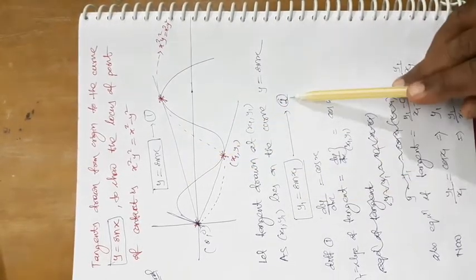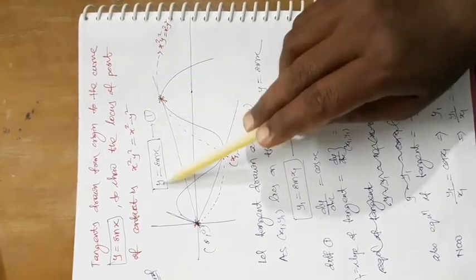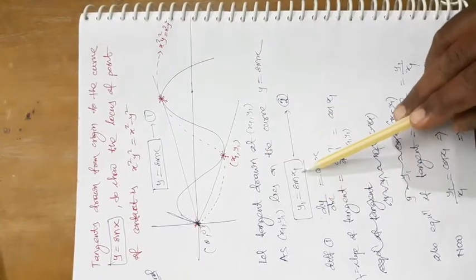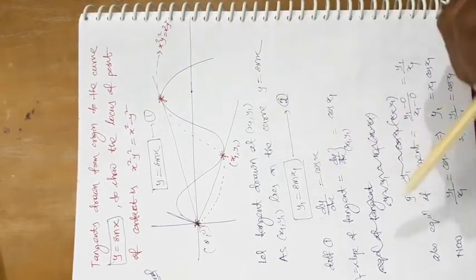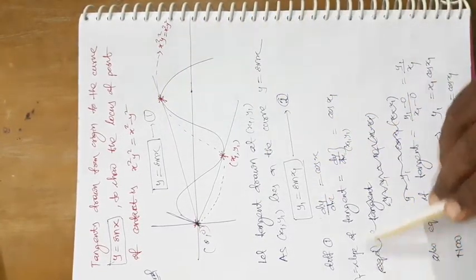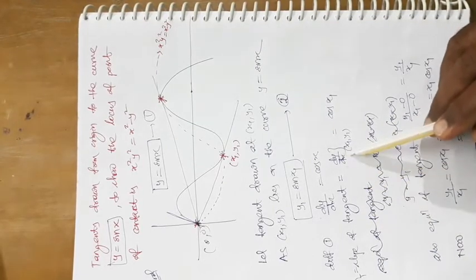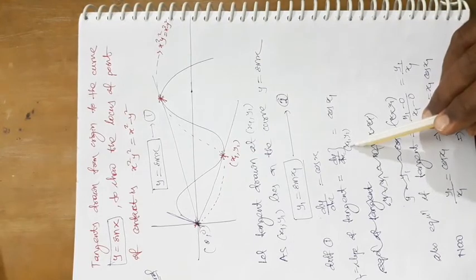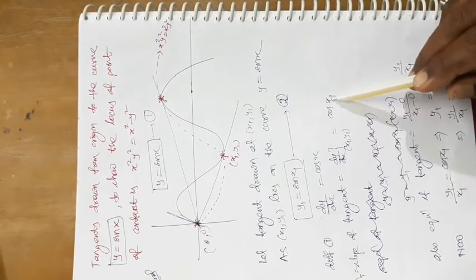Okay, it is equation 2 and this is equation 1, y is equal to sin x. When (x1, y1) lies on the curve, y1 is equal to sin x1. Now differentiate 1. dy by dx is cos x. Now the slope of the tangent is what? dy by dx, put (x1, y1) here. So cos x, put (x1, y1). So it becomes cos x1.